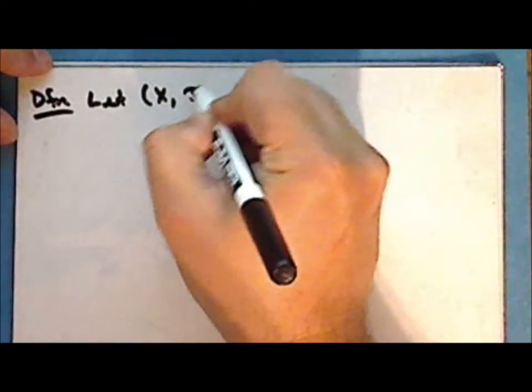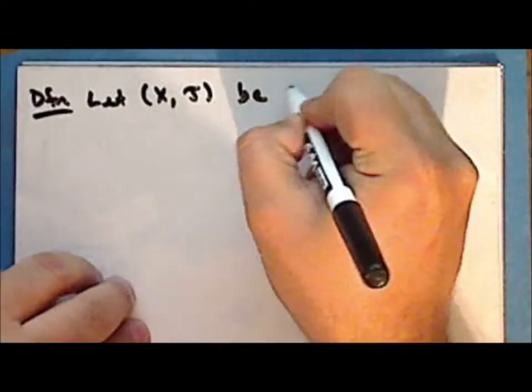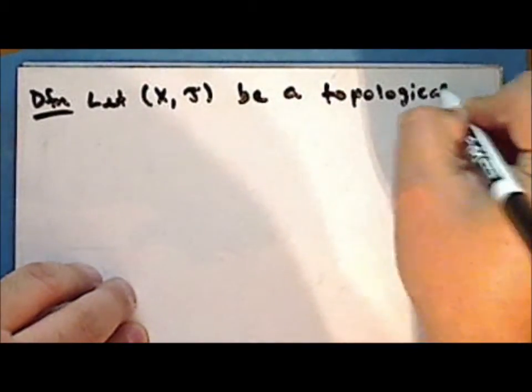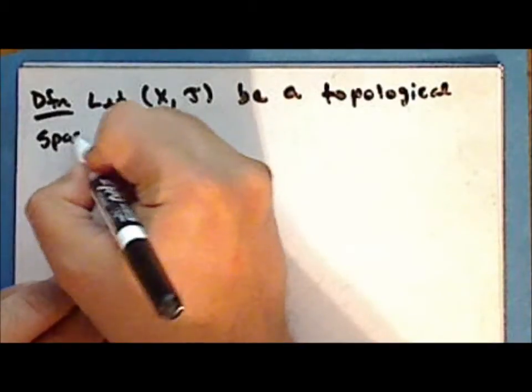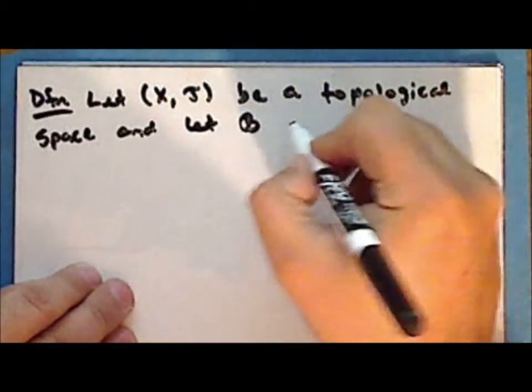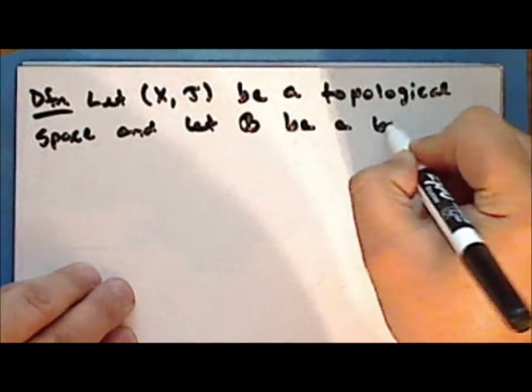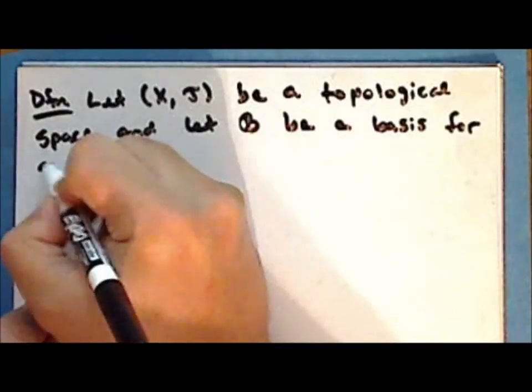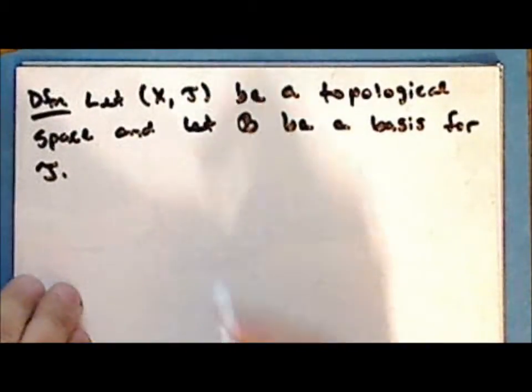Okay, so new definition. Let X together with some topology tau be a topological space and let script B be a basis for the topology.